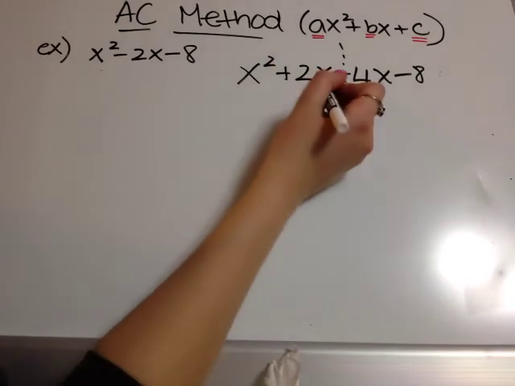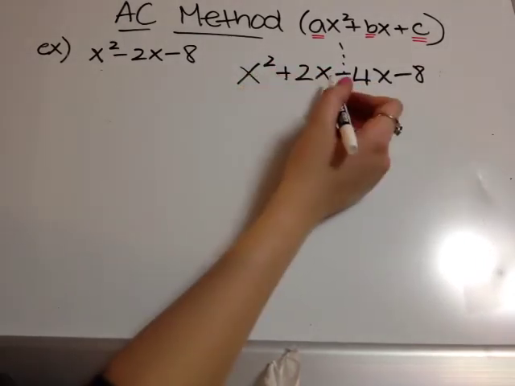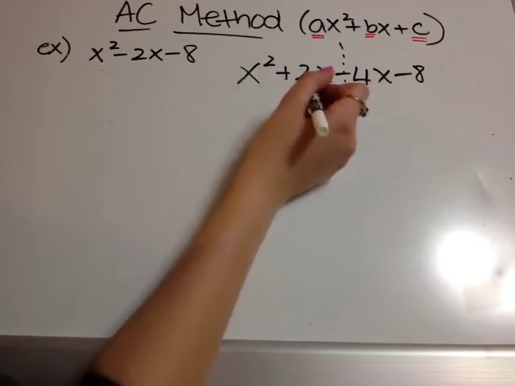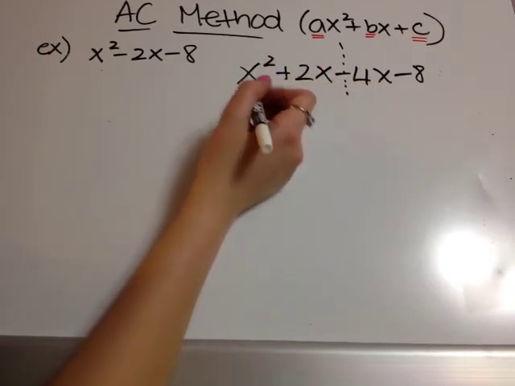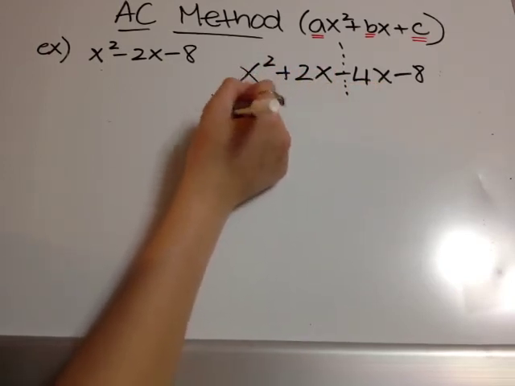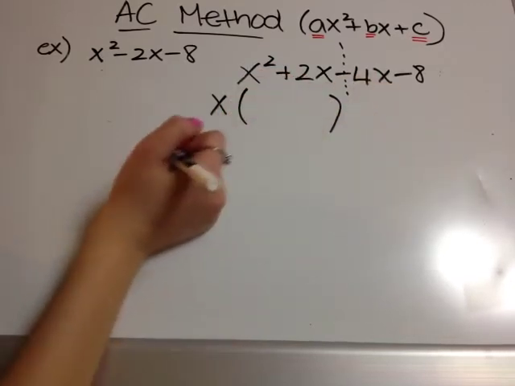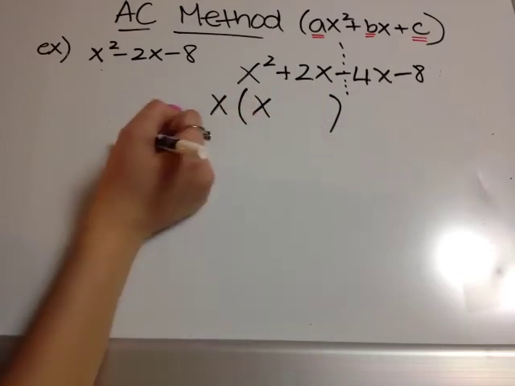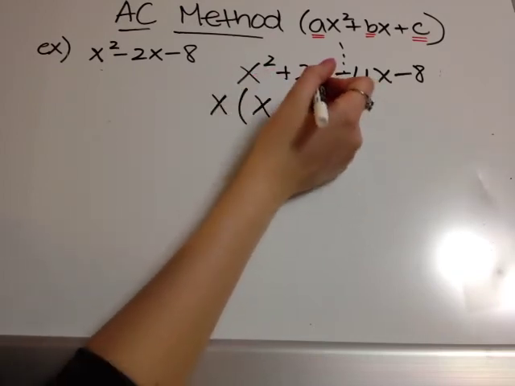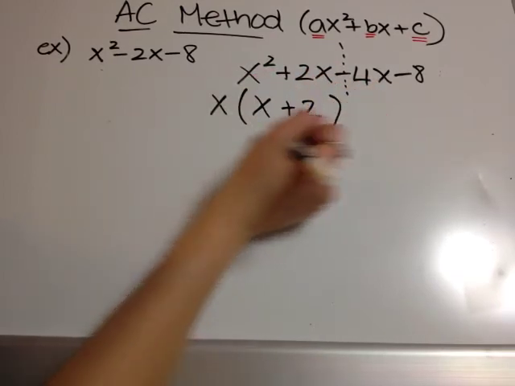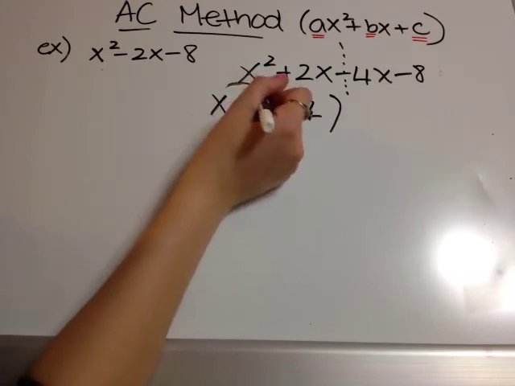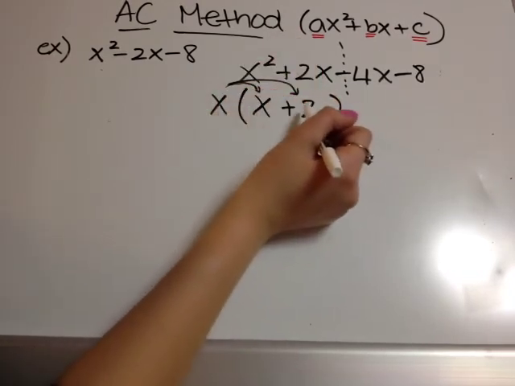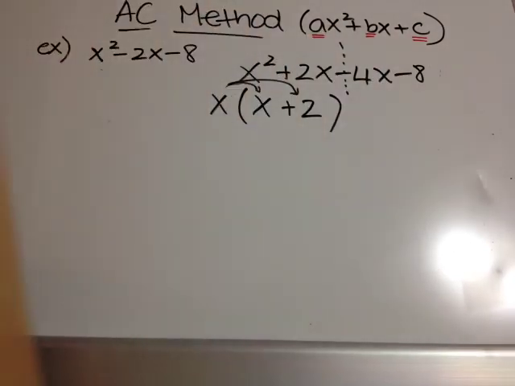Now, just looking at the first two terms, I need to factor what they have in common out. So I know that they both have an x in common, so I'm going to factor out an x. So once I factor out the x, x times what is going to give me x squared, x times what is going to give me 2x, positive 2. If I distribute just to double check my work, x times x squared, x times 2, 2x. That means I did it right.